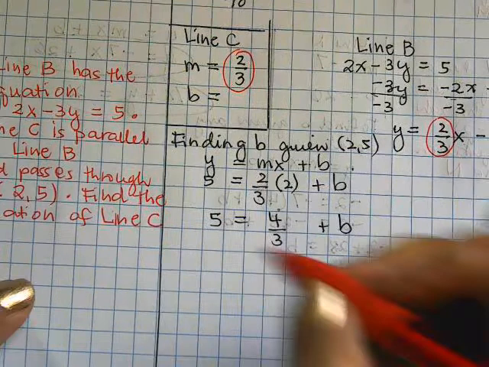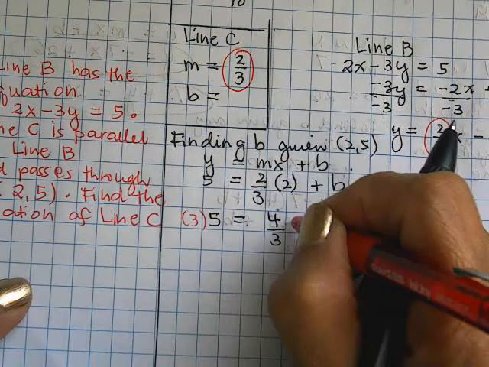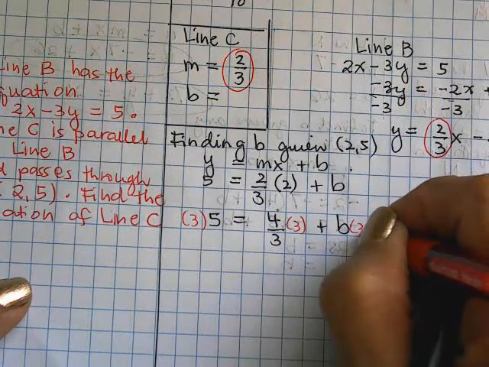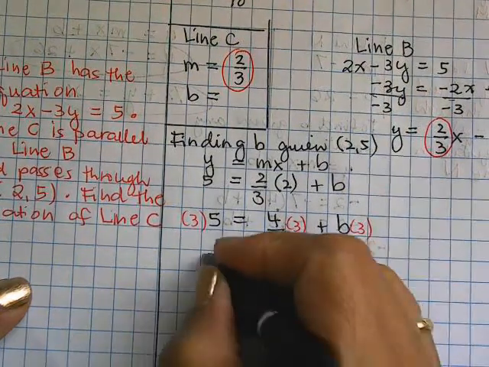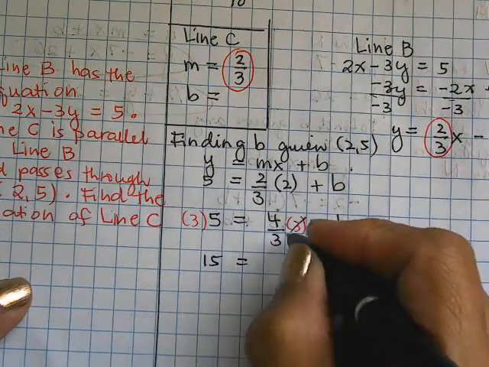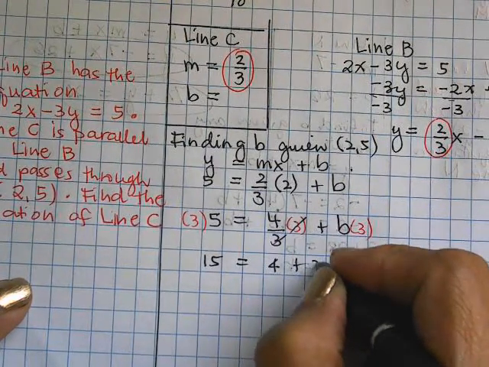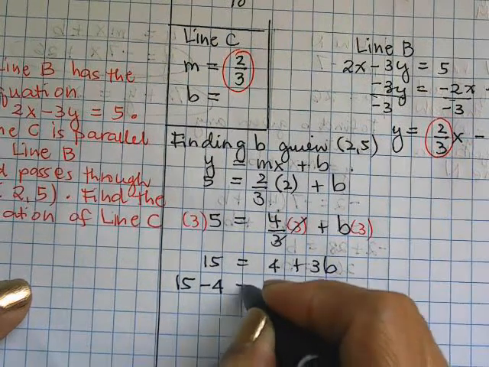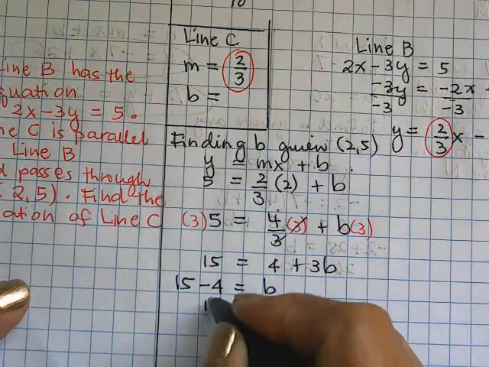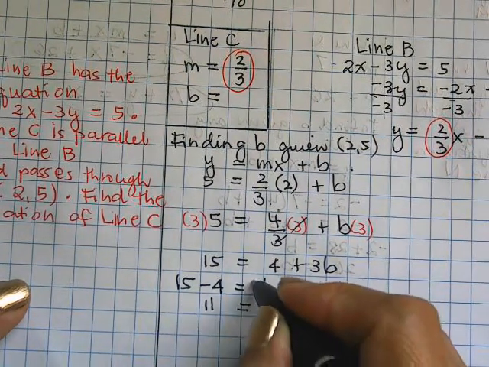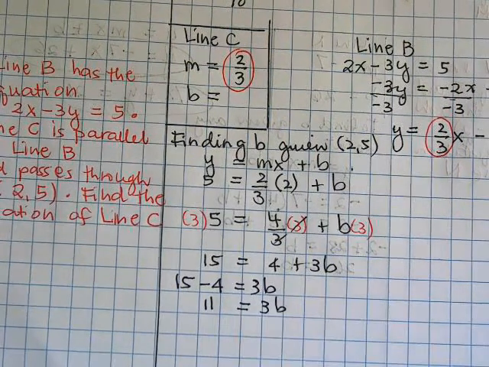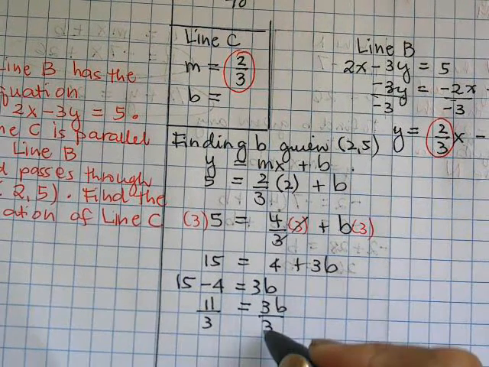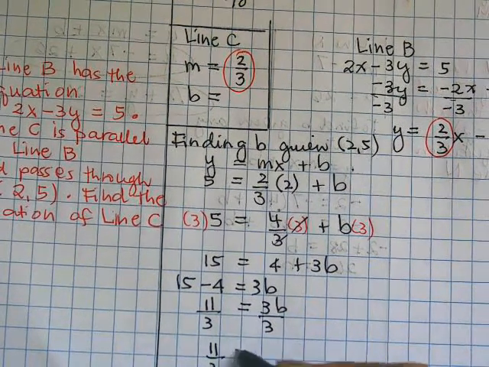I'm going to multiply every term by 3. So that would be 15 is equal to 4 plus 3b. 15 minus 4 is equal to 3b. 11 is equal to 3b. Divide both sides by 3. b is 11 over 3.